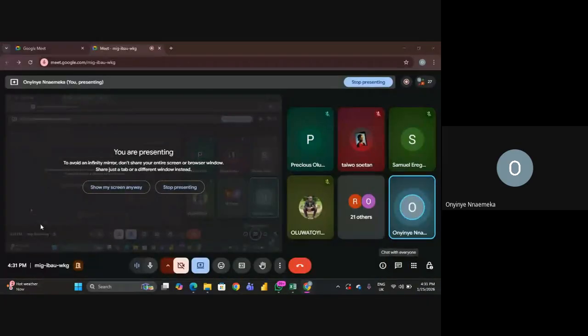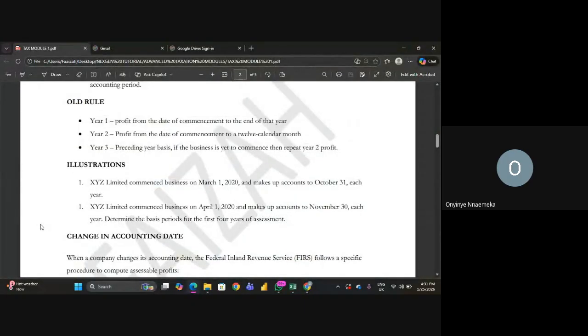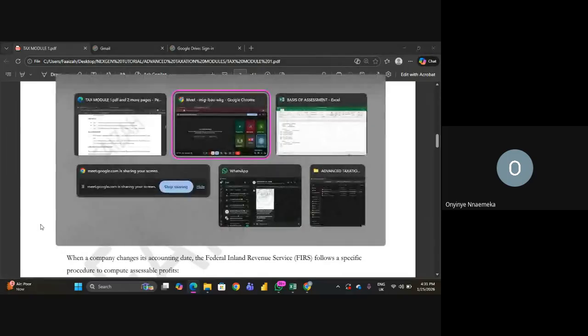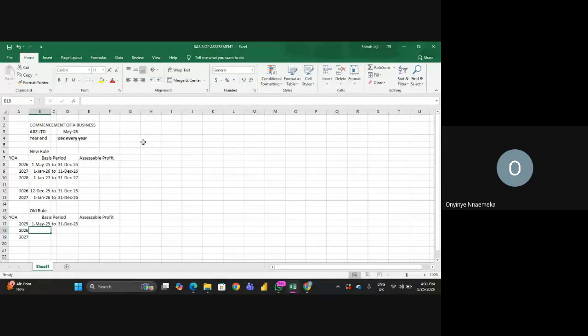Now, the second rule is saying that from the date of commencement to 12 calendar months, which means a whole year, right? So what I do is type out my months: January, February, March, April, May, June, July, August, September, October, November, December.